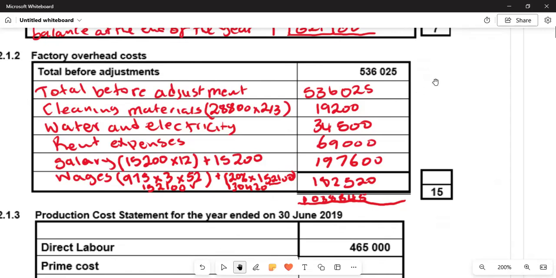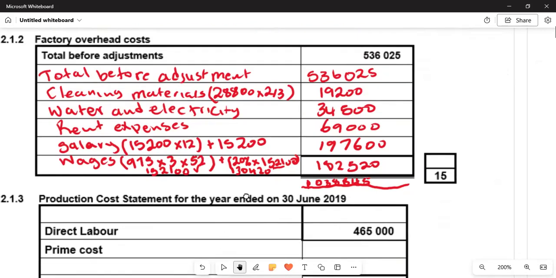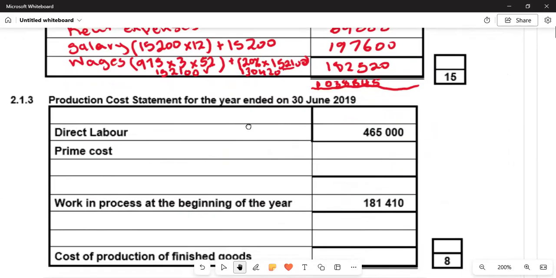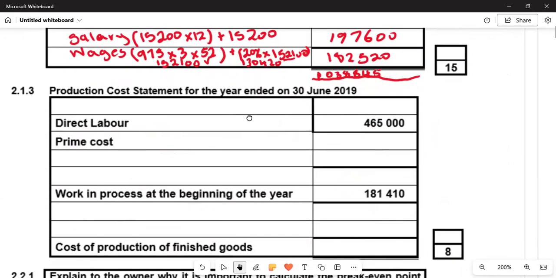Remember, this is the summary of cost of production, where we talk about direct material cost, direct labor cost, as well as factory overhead cost.